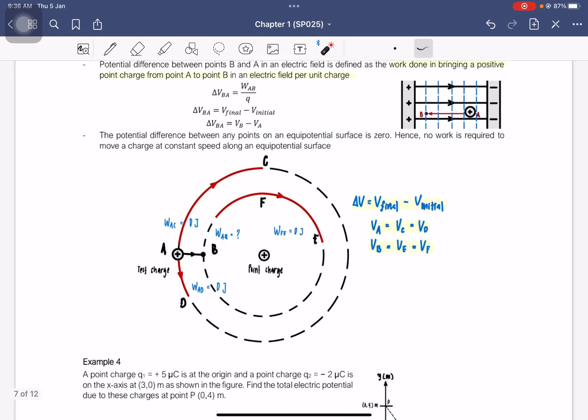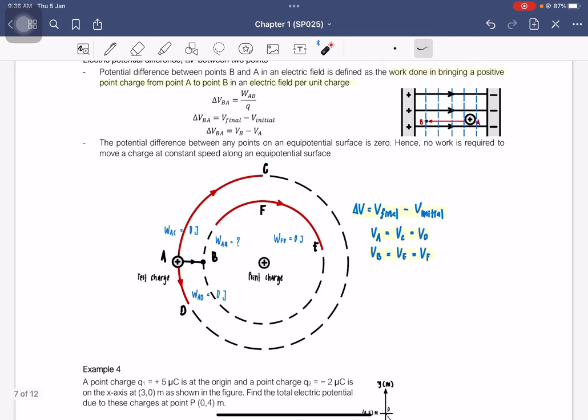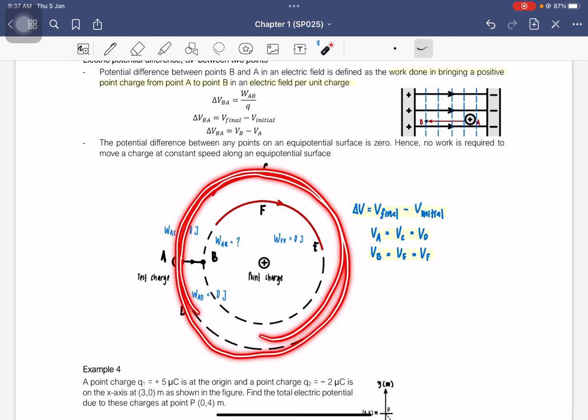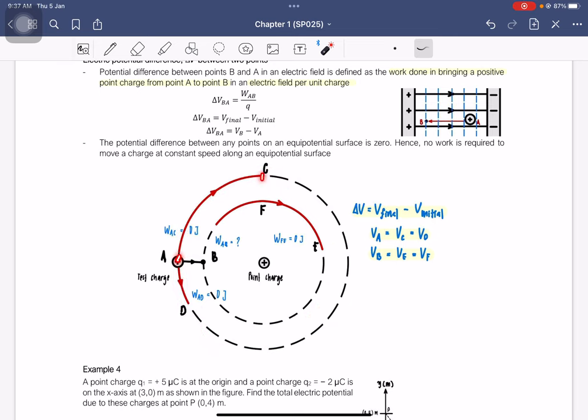Okay, so maksudnya sekarang ni satu equipotential line, kalau dia mau move from point A to point C, the work done is equal to 0 because they are at the same equipotential. Okay, similarly from point F to point E, work pun 0, but from point A to point B, there is a value.